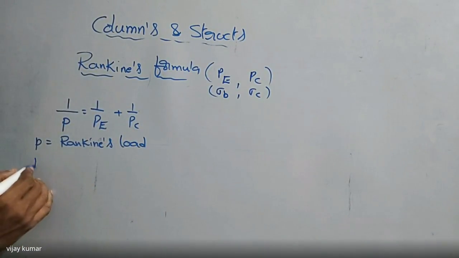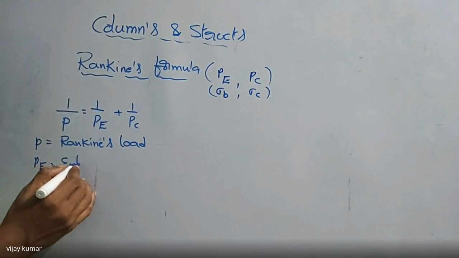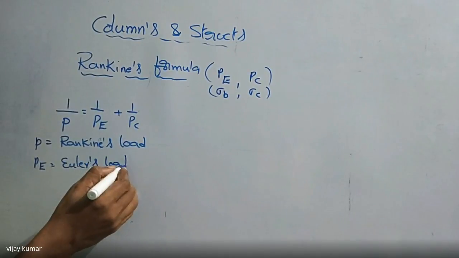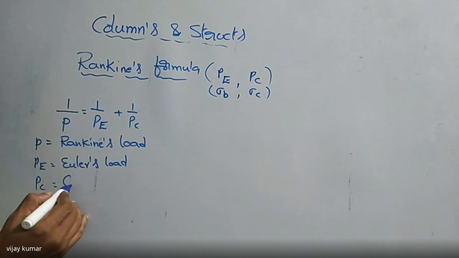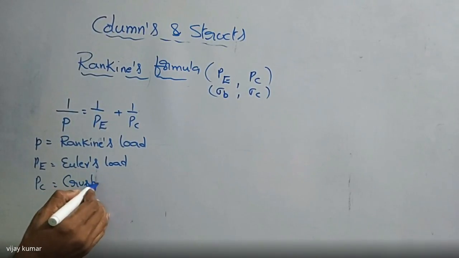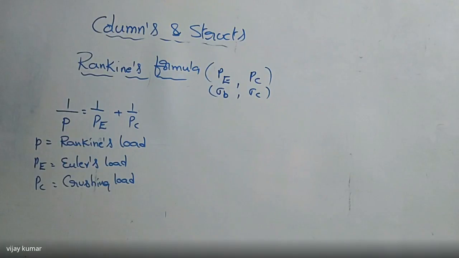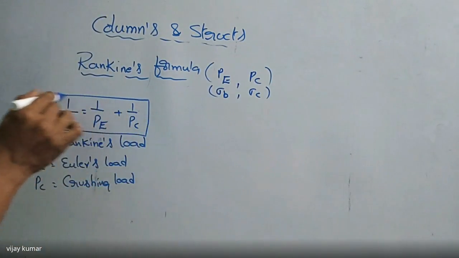And what is PE here? PE is nothing but Euler's load or buckling load. And what is PC here? PC is nothing but crushing load. So these are the terms contained in the equation given by Rankine.